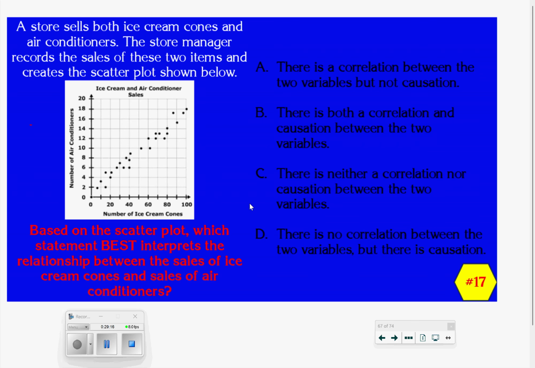Now, just because you have a correlation doesn't mean you have a causation. So what is causation? Causation means this changed because of something else. So this caused this to happen. Here they want you to determine whether this is a correlation, and whether it is a causation.